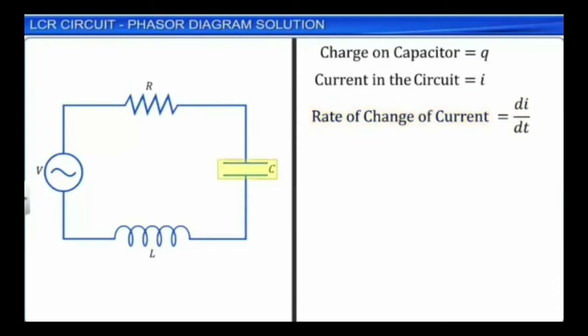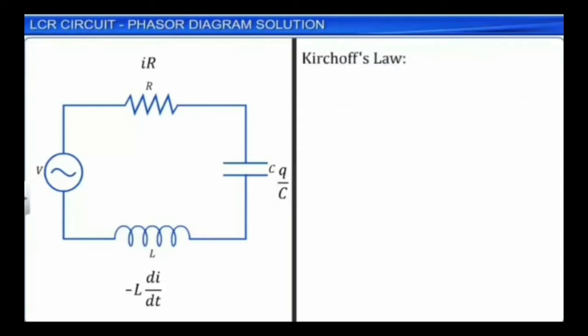Therefore, the potential difference across R can be written as I into R, that across the capacitor as Q by C, and that across the inductor L as L into di by dt. So the sum of voltages across L, C and R becomes Q by C plus IR plus L into di by dt.